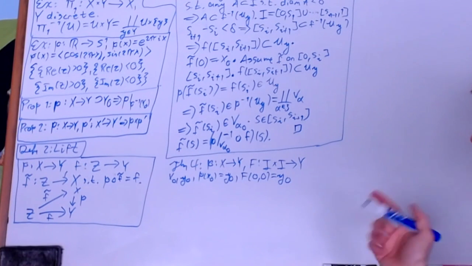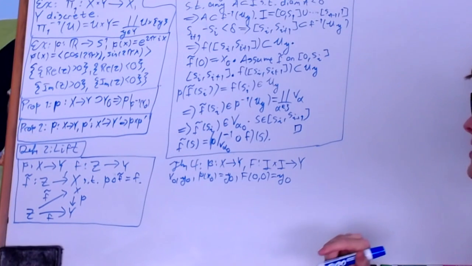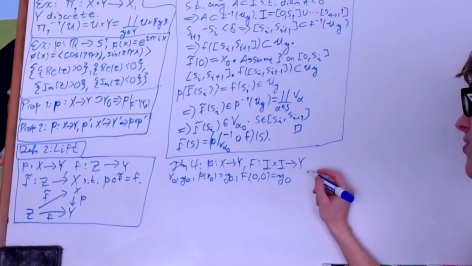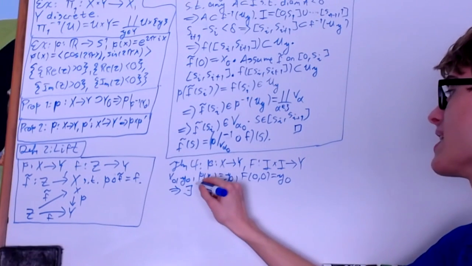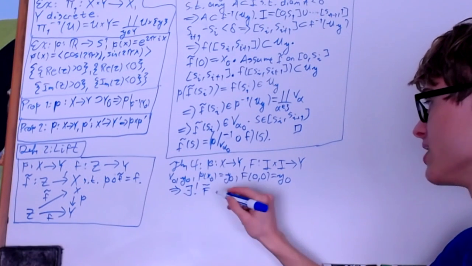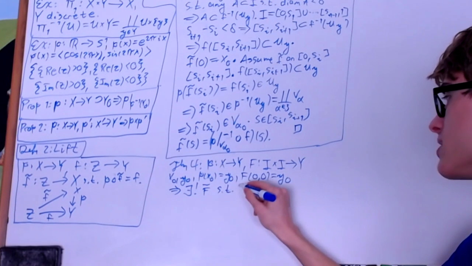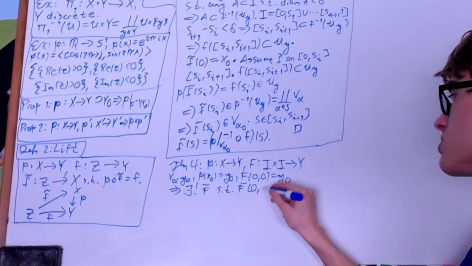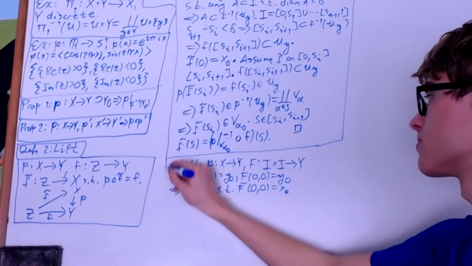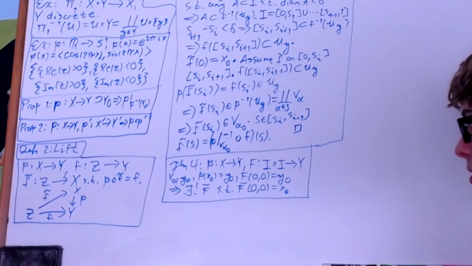So this is the equivalent of just starting at y0. Then, given all this information, there exists a unique lifting F tilde such that F tilde of (0, 0) is equal to x0. A very similar theorem to the one we proved before.